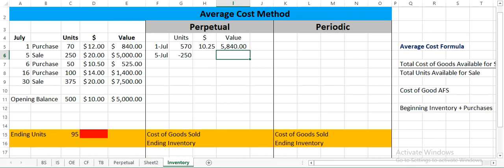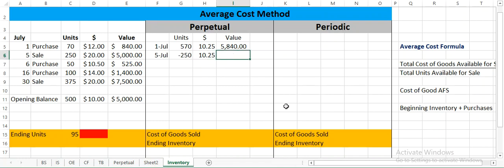So underneath the average cost perpetual method, what happens is we take the last average cost that we calculated and we apply that to the units that we're selling. So in this instance, we last calculated average cost at $10.25. And so therefore, $10.25 is the cost we assign to these 250 units that were sold.